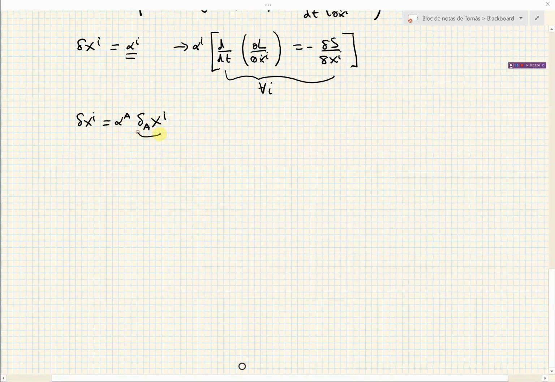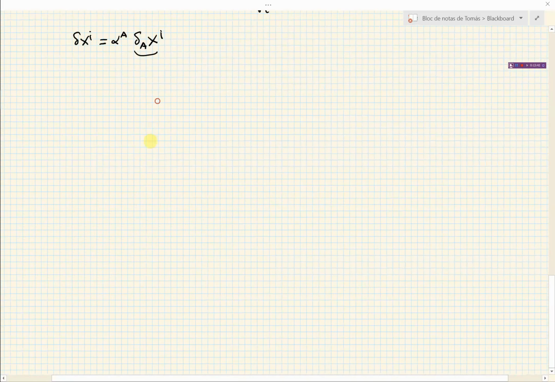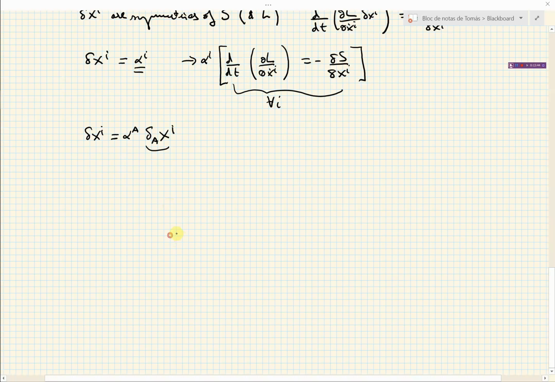Then if this delta a xi depends on alpha a, you could get 0. So it's just these infinitesimal factors and these alpha independent factors.